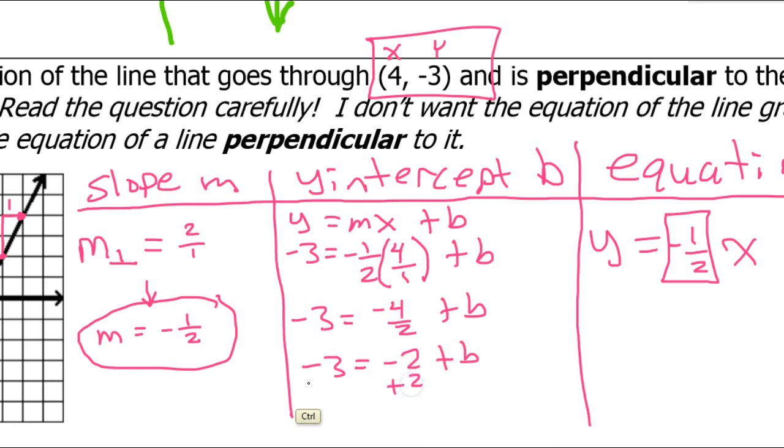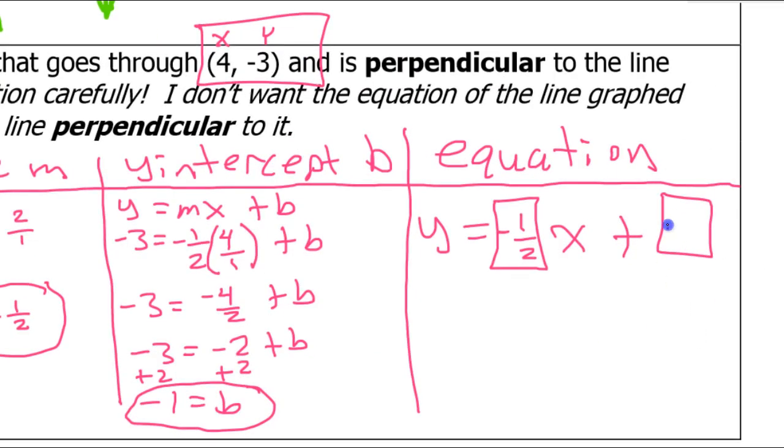And then if I add 2 to both sides, that's going to give me negative 1. So b is equal to negative 1. So that's why I'm going to put the negative 1 right here. Now don't put plus negative, just put minus. So the final answer will be y is equal to negative 1/2 x minus 1.